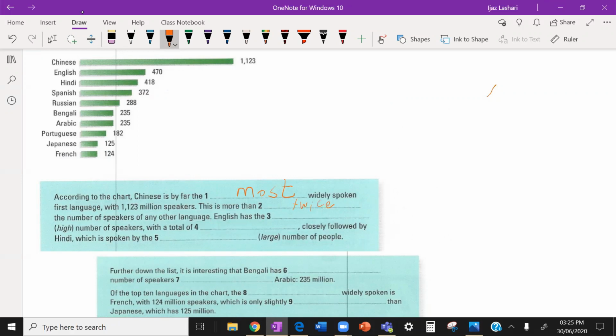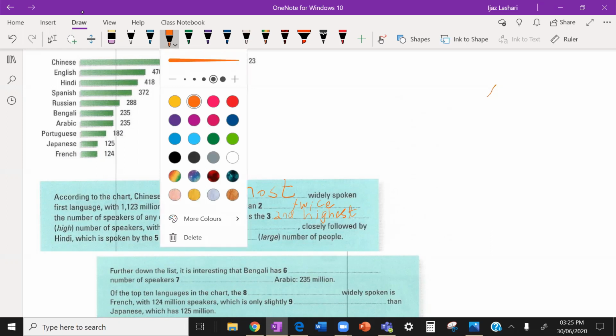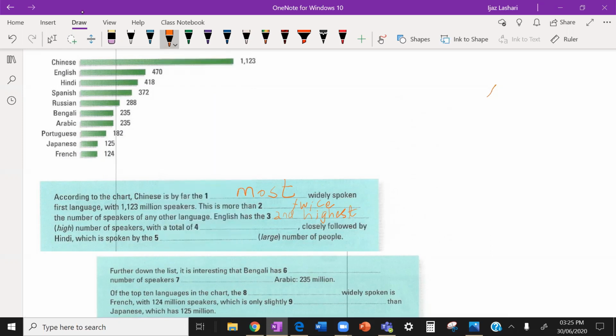English has the second highest number of speakers with a total of 470 million.